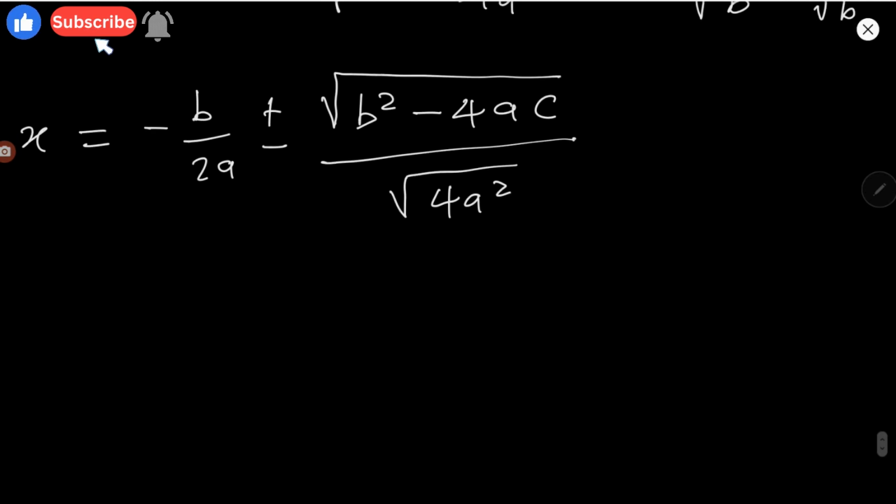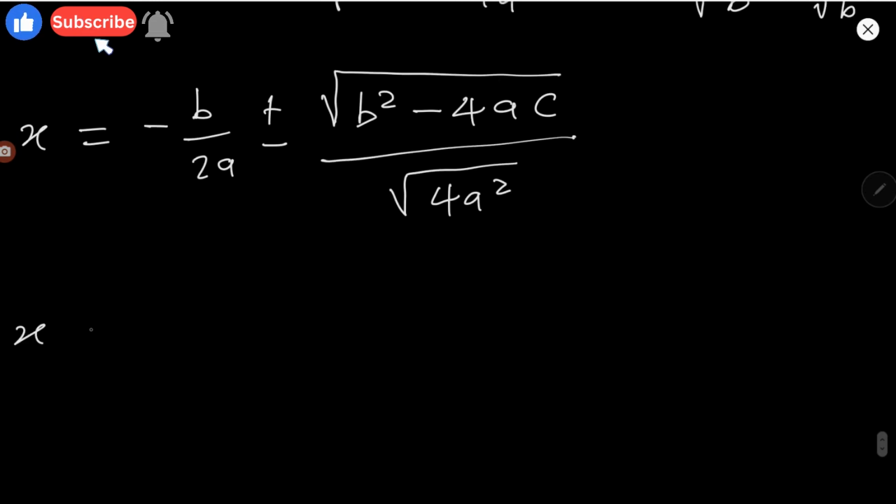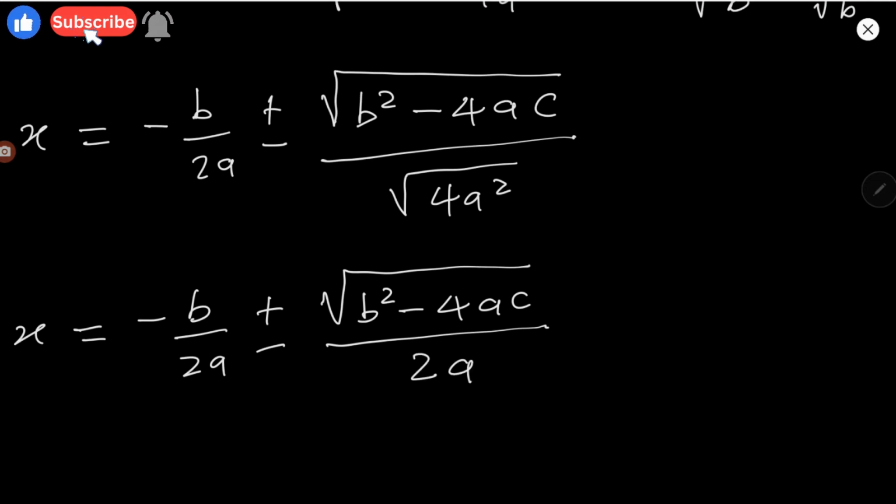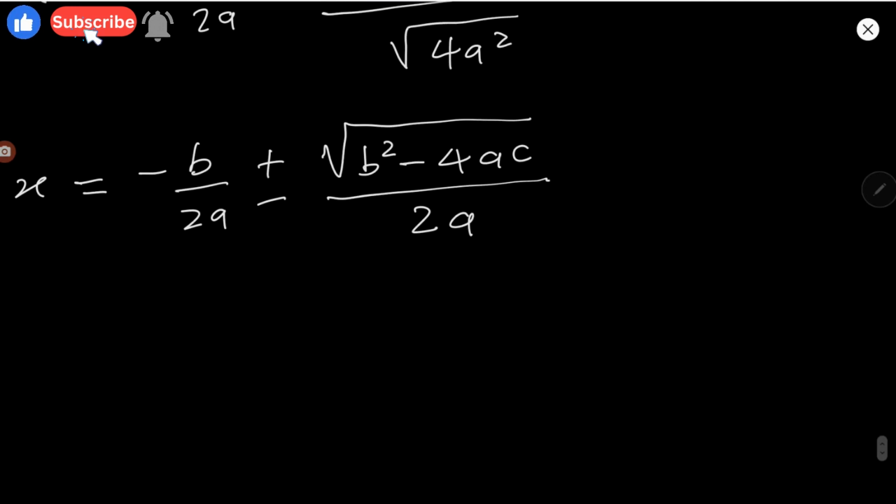So at this stage it's almost done. We'll say x is equal to minus b over 2a plus or minus. I cannot do anything with the square root on top, so I'll just write it the way it is, which is b squared minus 4ac over, but I can do something with the square root in the denominator. The square root of 4 is 2, square root of a squared is a. So now I'll just combine these two fractions.